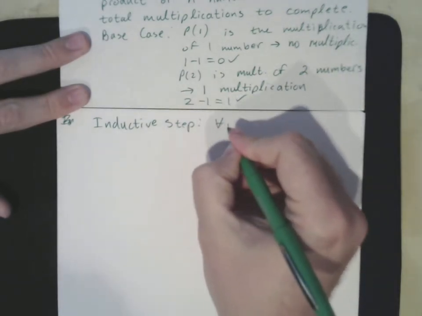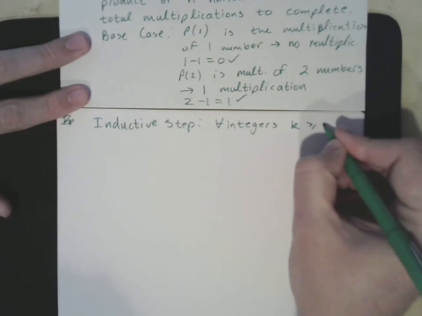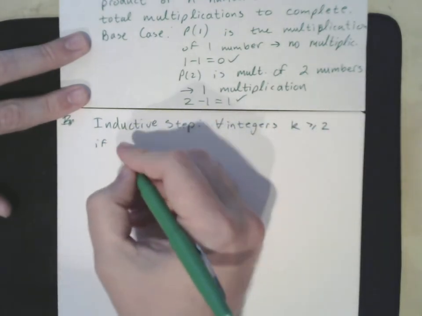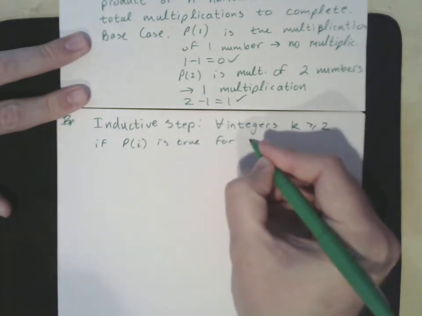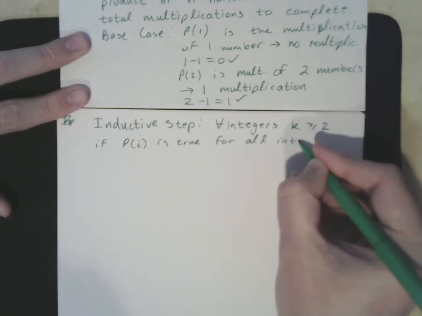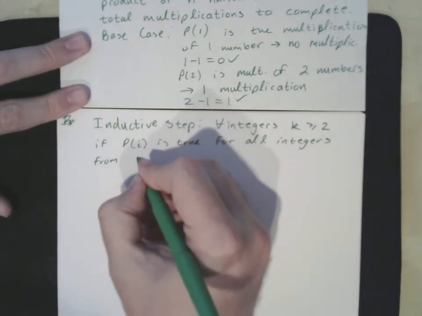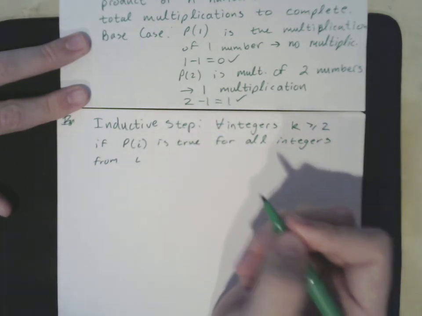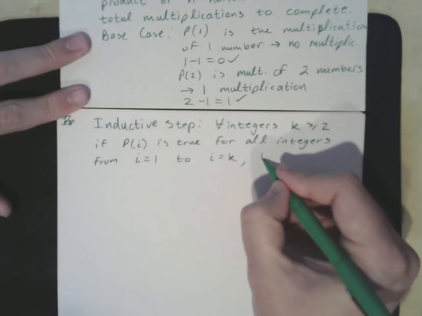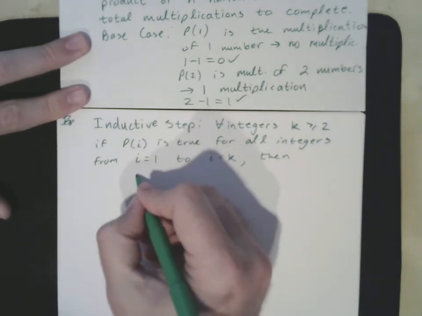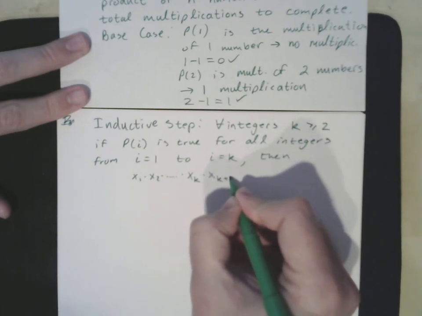So our inductive step is going to be for all integers k greater than or equal to 2, if P of i is true for all integers from i equals 1 to i equals k, then x1 times x2 times dot dot dot all the way down to xk times xk plus 1.